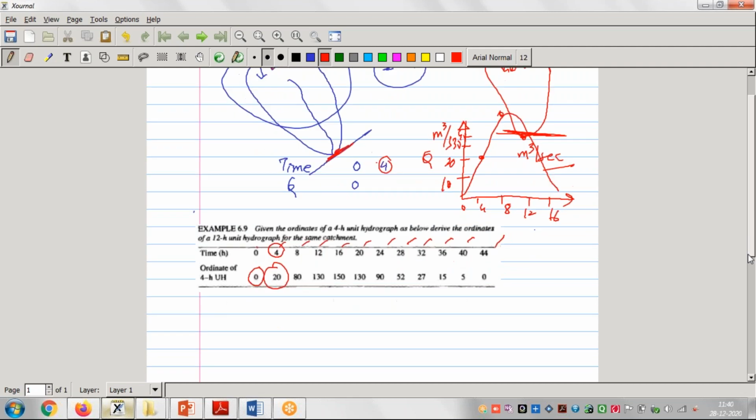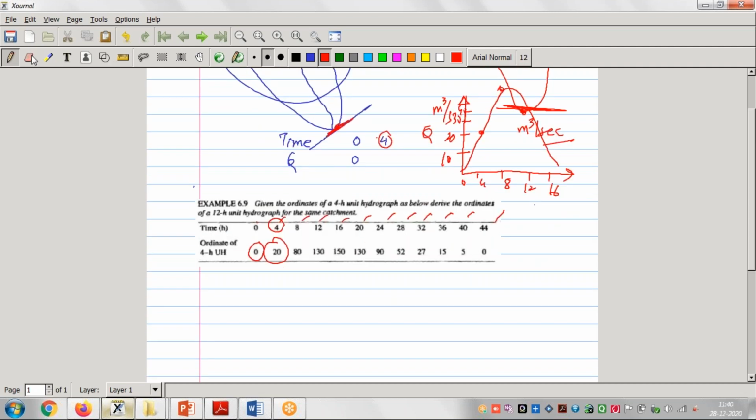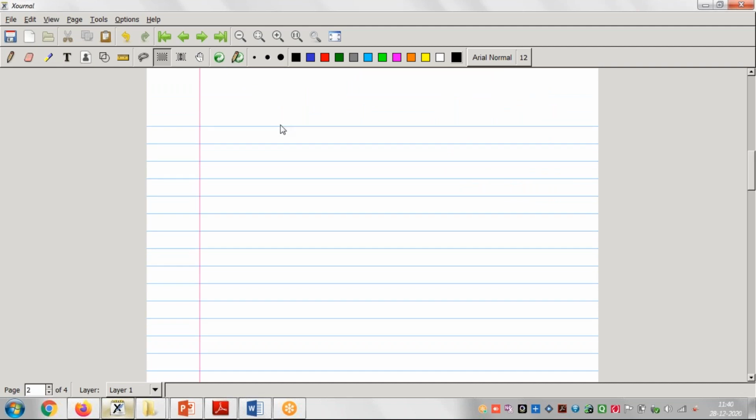So here this data is given, after every 4 hour, right? This much discharge is collected. Here they are saying to find out the 12-hour unit hydrograph. Remember that. See, this is a very important concept, and we must know about this.